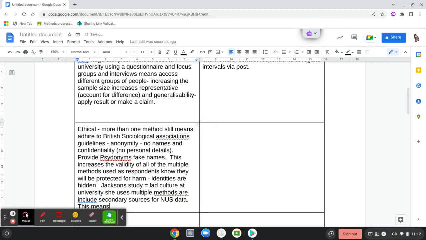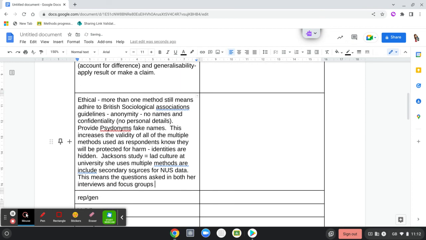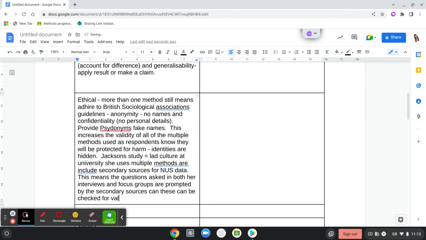This means the questions asked in both her interviews and focus groups are prompted by the secondary sources, and these can be checked for validity or accuracy.